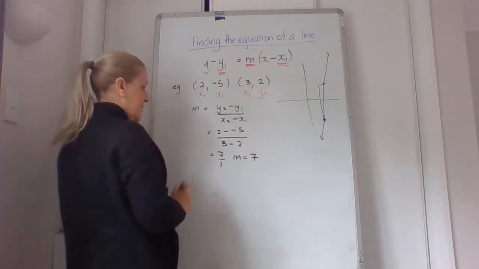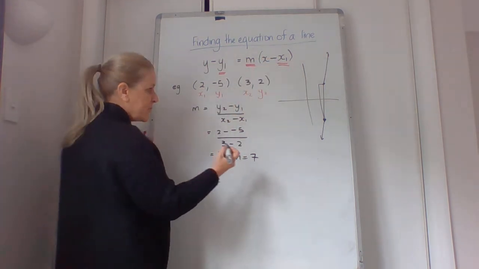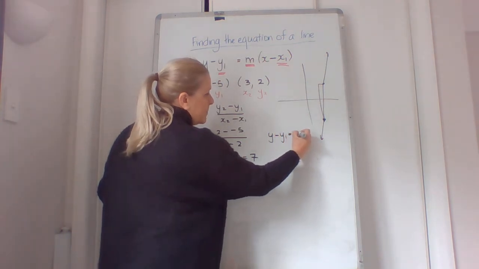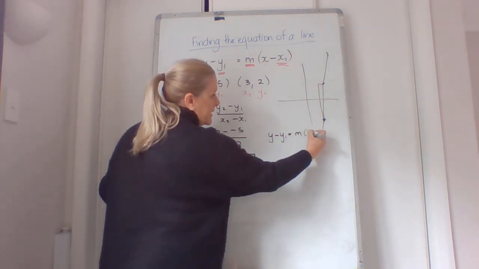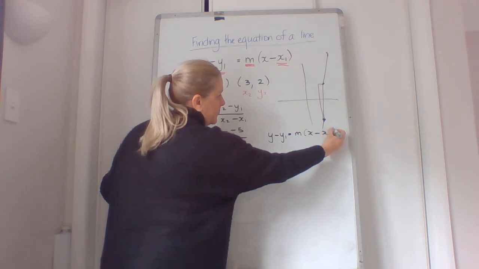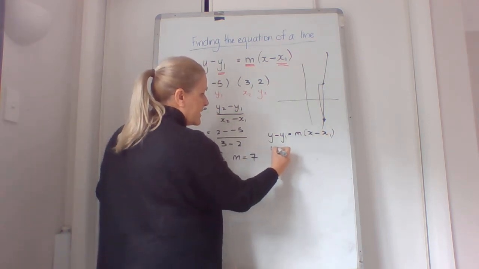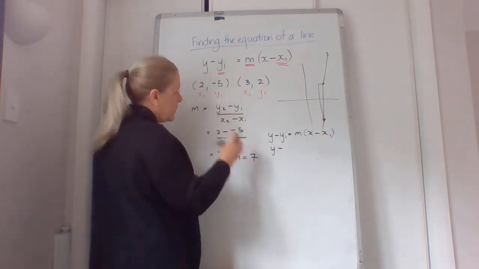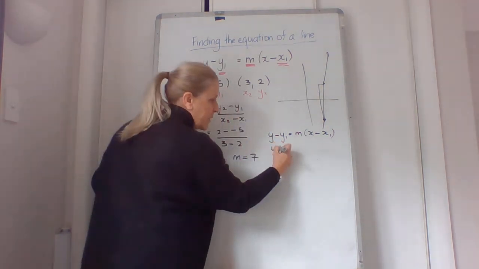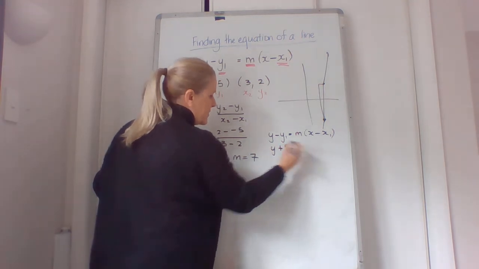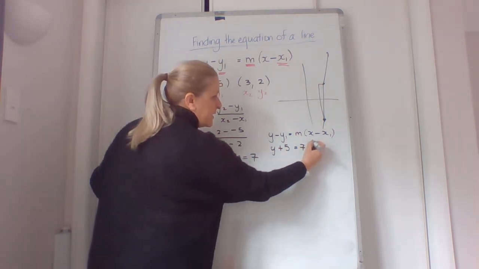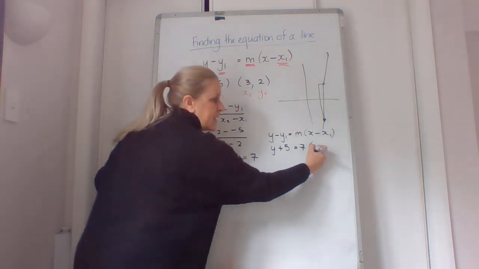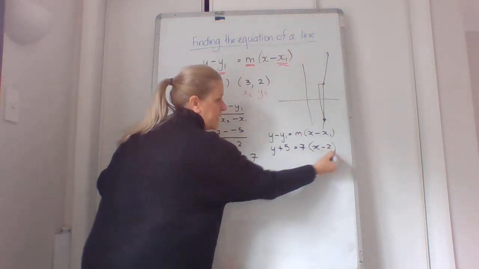Now we go back to this formula. So this formula says y minus y1 equals m, x minus x1. So y, take away y1, which is -5. So when we take away a negative, it becomes a positive 5, equals the gradient, which is 7, and x1, which is 2, x minus 2.